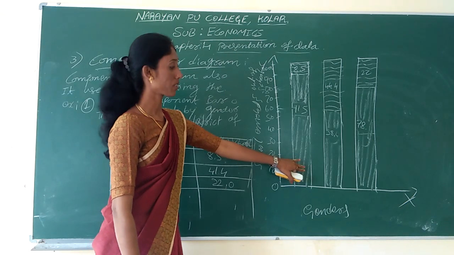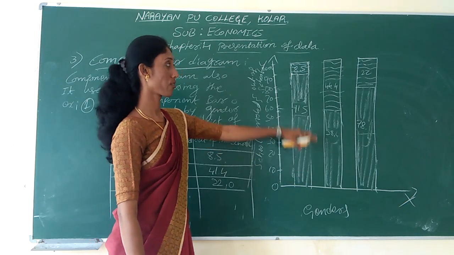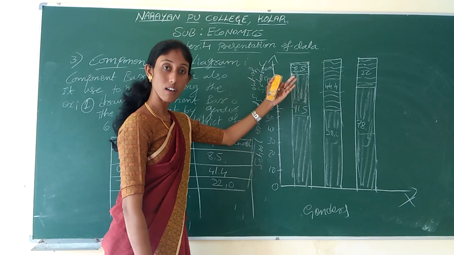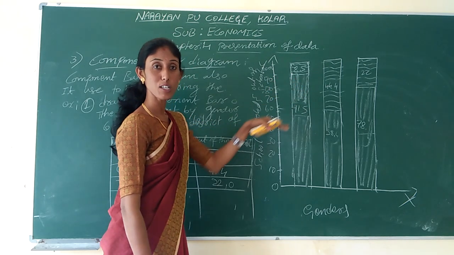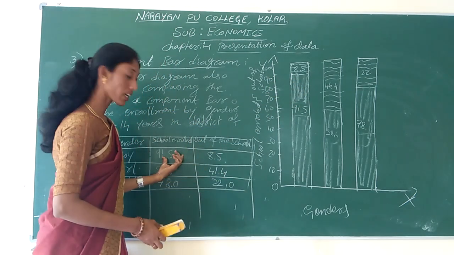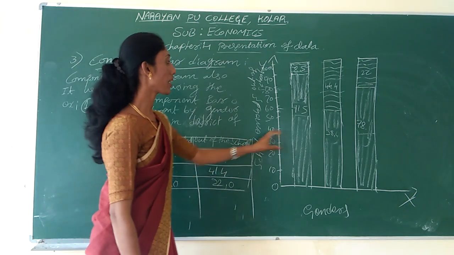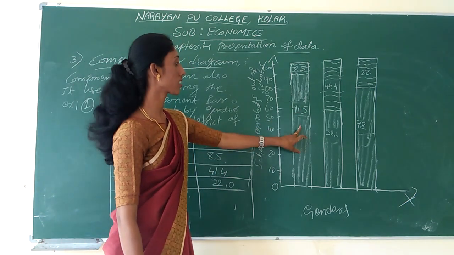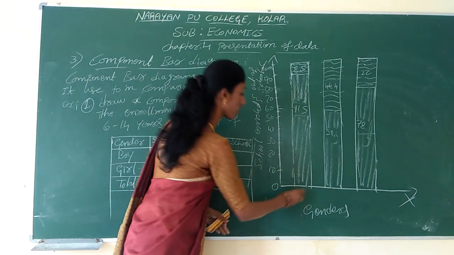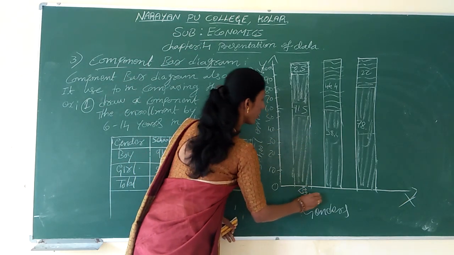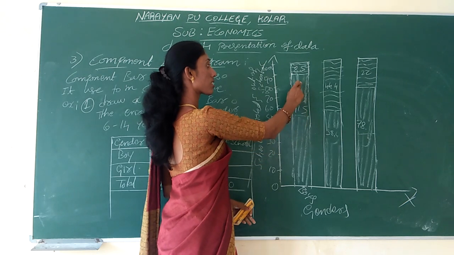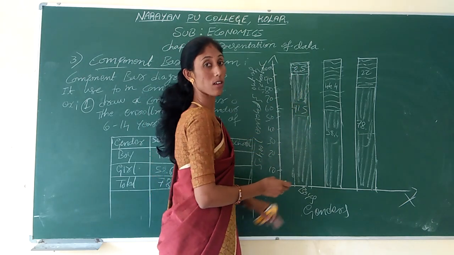This is what we call a subdivided or component bar diagram. Here we convert the total into 100%, and in the 100%, how many are enrolled in school and how many are out of school. By seeing this, we can easily understand. In the boys' population, 91.5% is enrolled and only 8.5% is out of school.